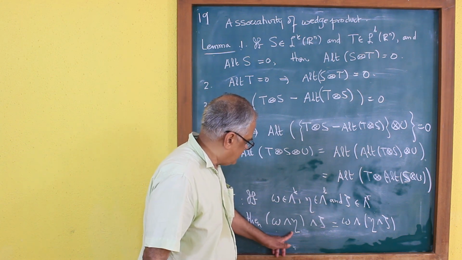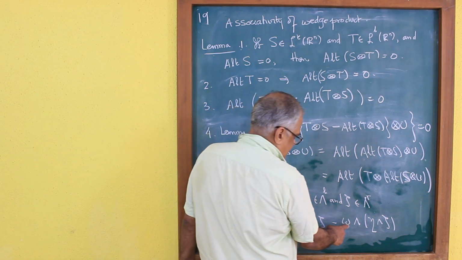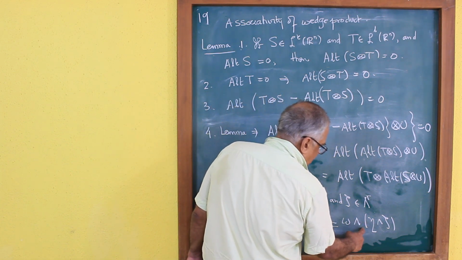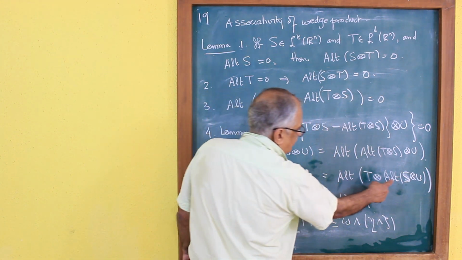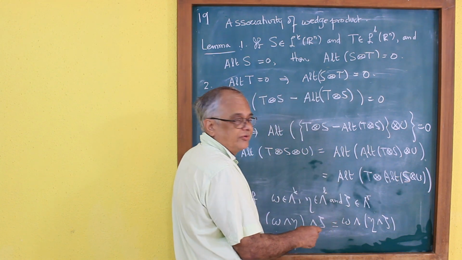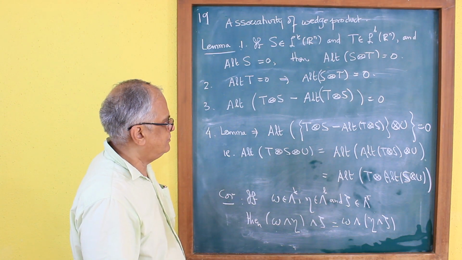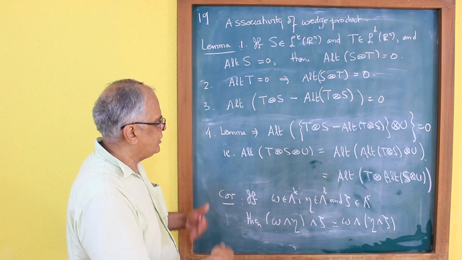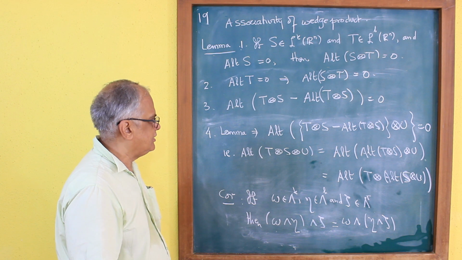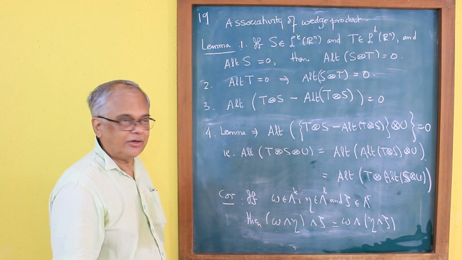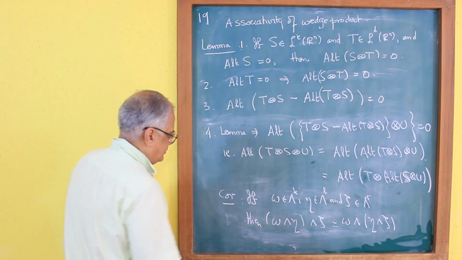Why? This is an alt, and you have an alt of an alt tensor this. This is equal to an alt of these two. It doesn't matter where you put the alt. Do you put the alt on the last two components, or do you put the alt on the first two components? All that quantity is equal to alt of S tensor T tensor S tensor U. This is the immediate product. And this shows that wedge product is associative.